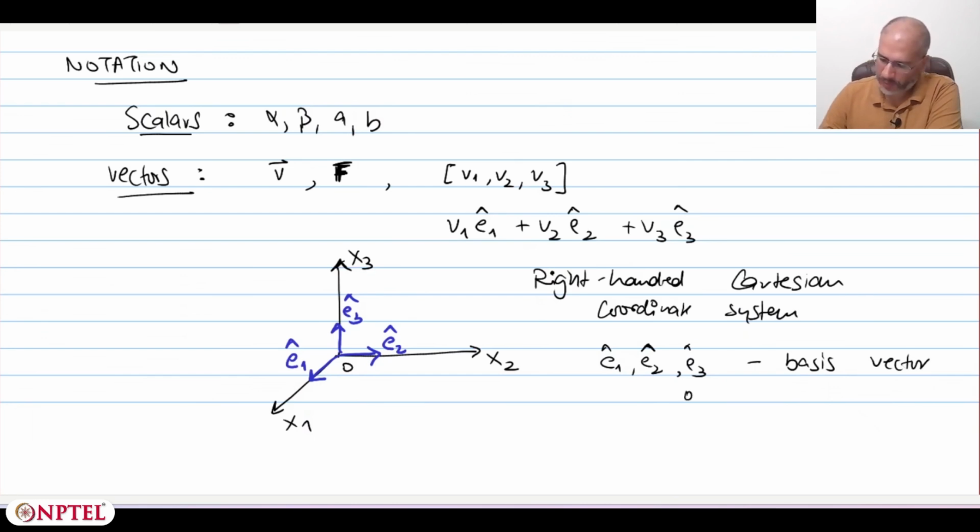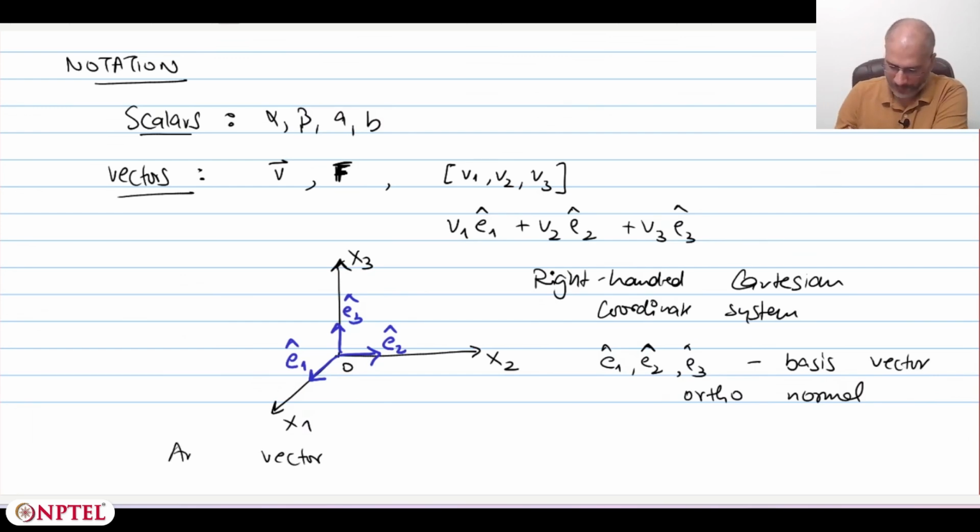What that means is the three basis vectors are linearly independent, so they're orthogonal to each other. The reason we call them normal is because they're normalized, that is, they are unit vectors. This allows us to write every vector as a linear combination of these three basis vectors. So we'll write that down.